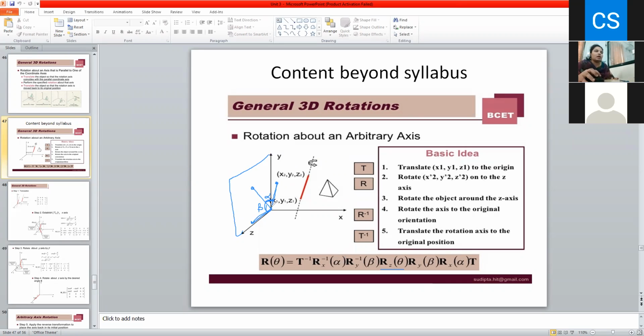Then I will rotate this also with beta, then it will lie on Z axis. And as now this x2, y2, z2 and this Z axis is coinciding, I can carry out the rotation with Z. So this rotation is carried out here. Now rotation तर मिळालं माझं, whatever the task was given, that is over.